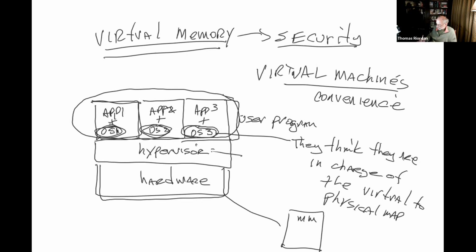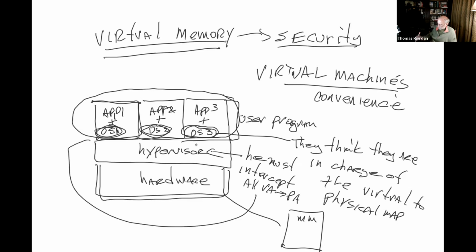That means that he must intercept all VA to PA done by these guys. And the hypervisor is the only guy that can do a VA to PA.